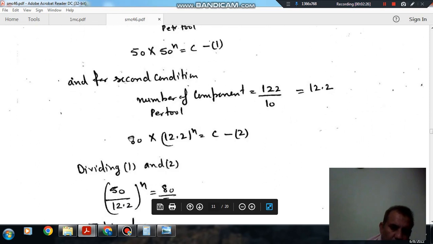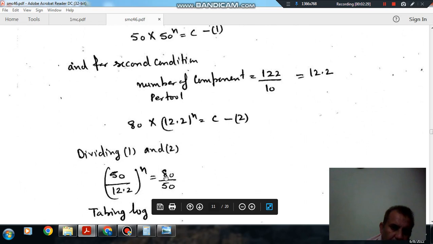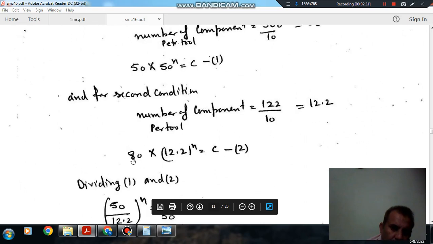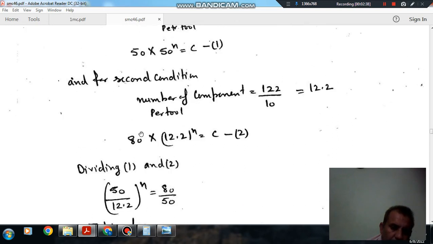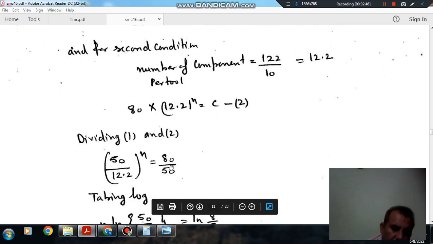So dividing 1 and 2, we have 50 by 80 and 50 by 12.2 raised to n, and 50 by 80 can be written as 80 by 50.